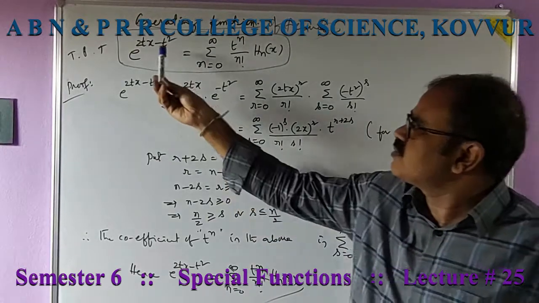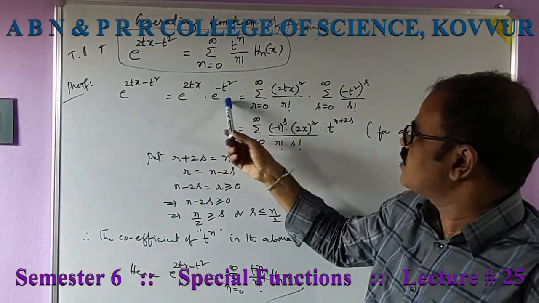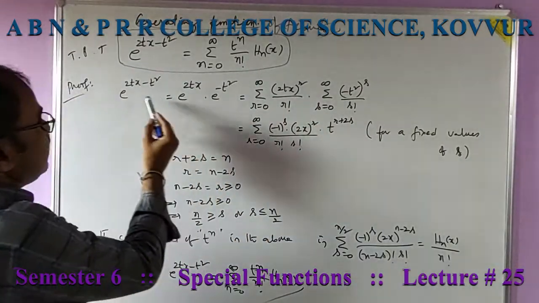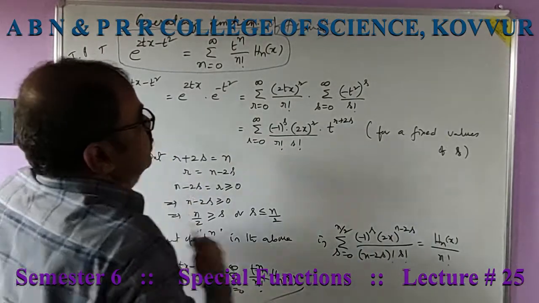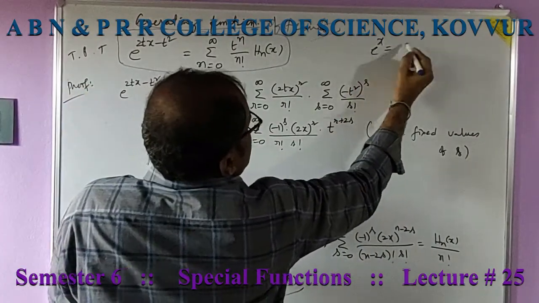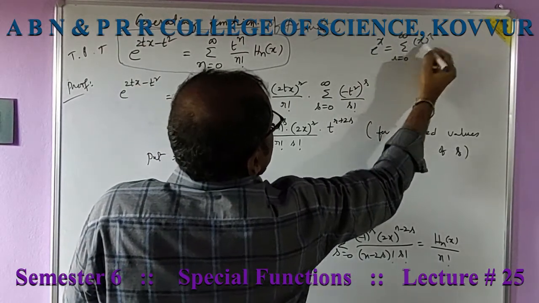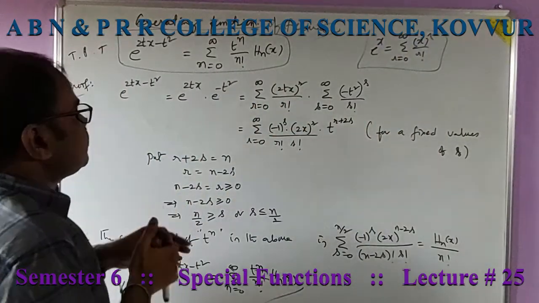How to prove this? As you have seen, consider the left hand side, e power 2tx − t², that is this one, as two sigmas. As per the expansion of e power x, what is the expansion of e power x? It is sigma r equals 0 to infinity x power r by r factorial. In place of x you have 2tx here.